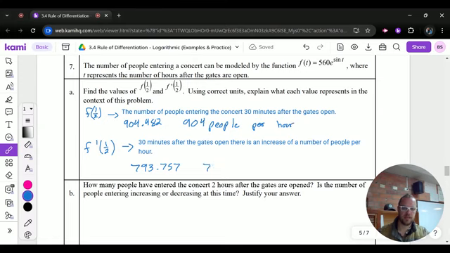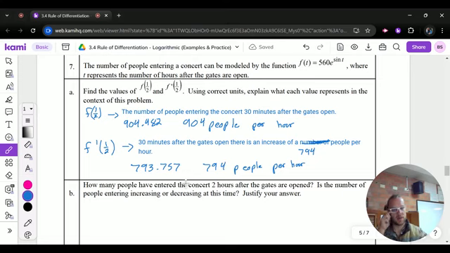And then this one is going to be 794 people per hour, but this is increasing, right? So it's a little bit different because as we can see, there is an increase of, and instead of number, we can actually say 794 people per hour. So it's not that there are 794 people entering, but it is getting 794 people per hour faster than it was previously.